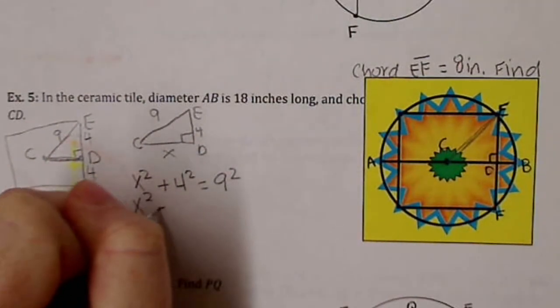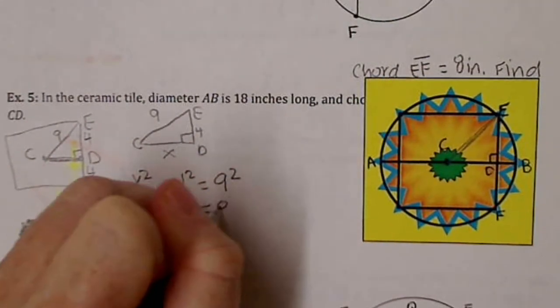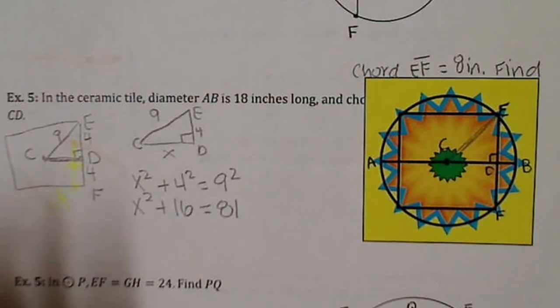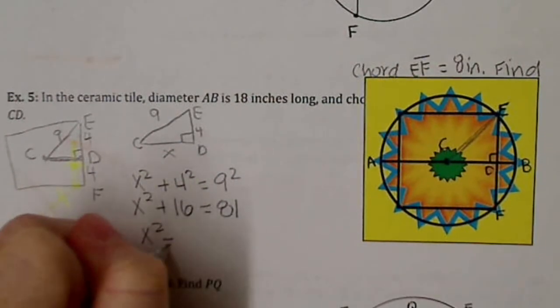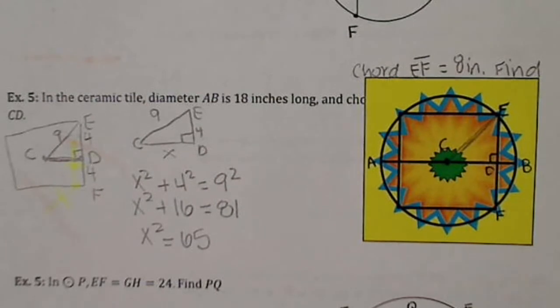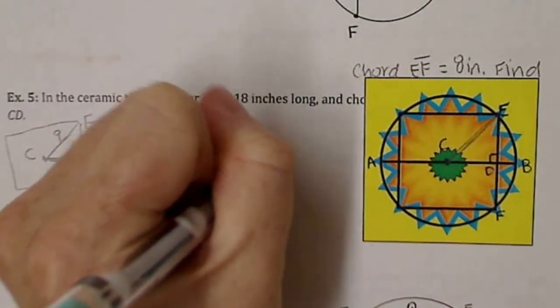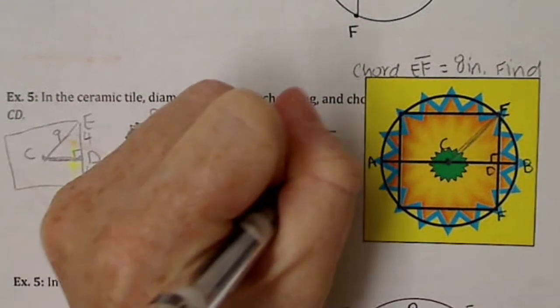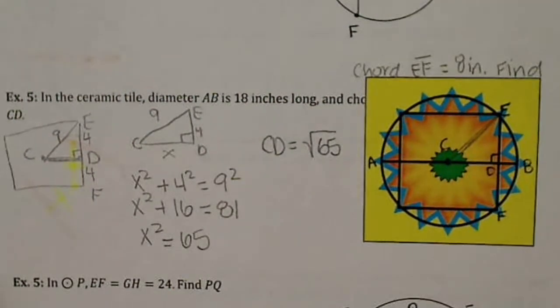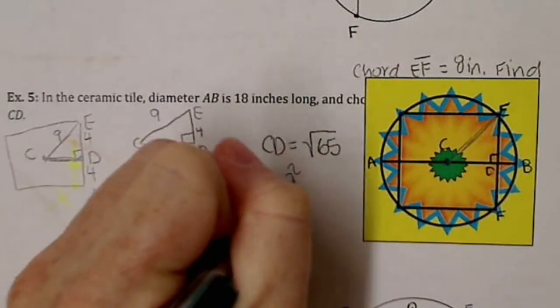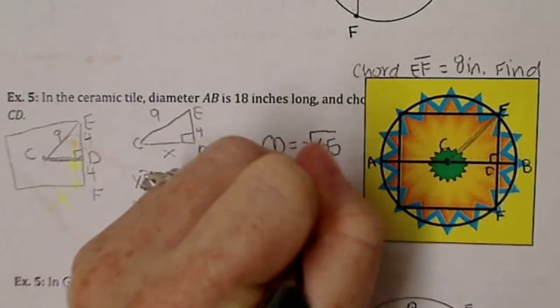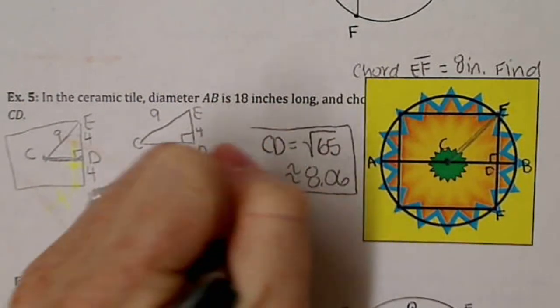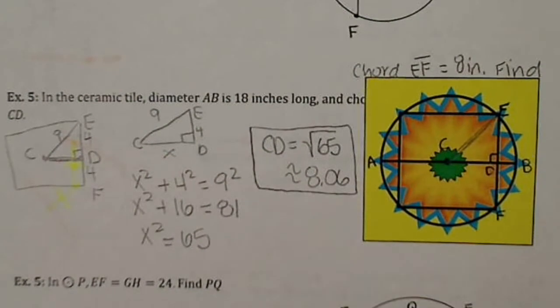Okay, let's simplify, and let's solve for x squared. So CD is the square root of 65, which if you put that in your calculator is about 8.06 inches. That's the length of CD.